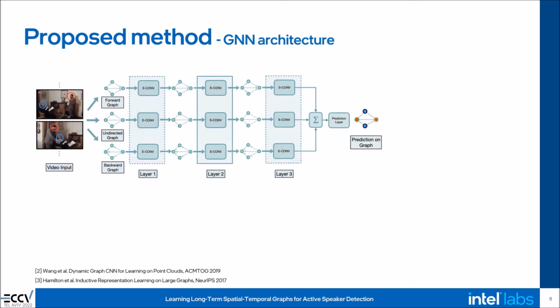After we construct such graphs from a video, we use GNNs to predict a binary label for each graph node to decide whether the corresponding face is speaking or not. Specifically, for each forward-backward undirected graph, 3 layers of GNN modules are used to aggregate the spatial-temporal information.